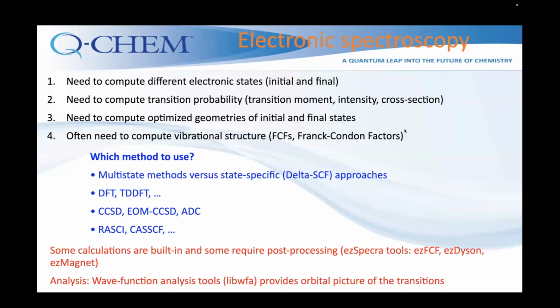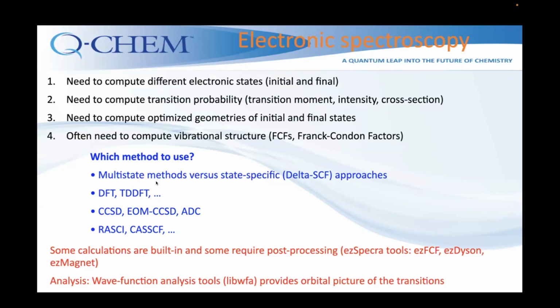Well, it really depends on what your initial and final states are, because different quantum chemistry methods have different strengths and weaknesses in treating different types of states. You need to think about whether for your particular spectroscopy, the calculation of the spectroscopic property is implemented or not, because for some spectroscopies it may not be available, or it may be available in certain ab initio methods, but not in others.